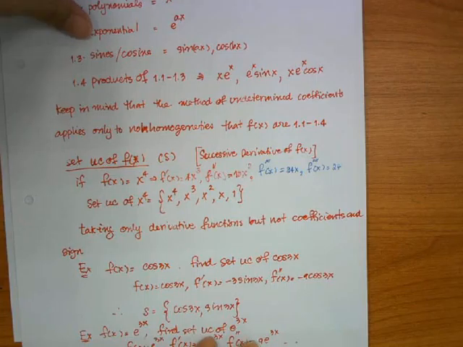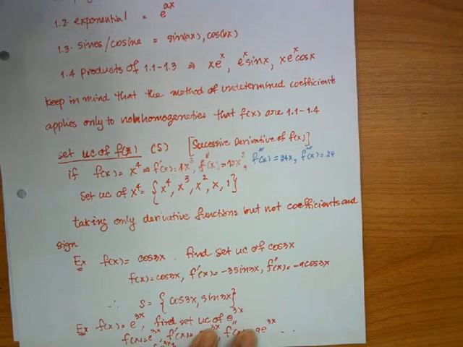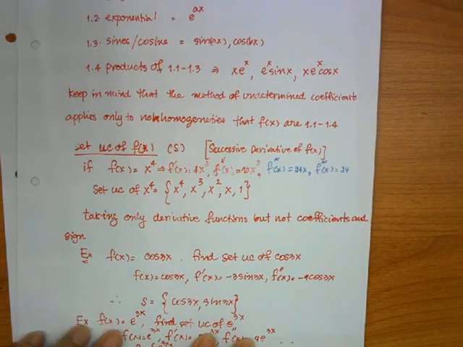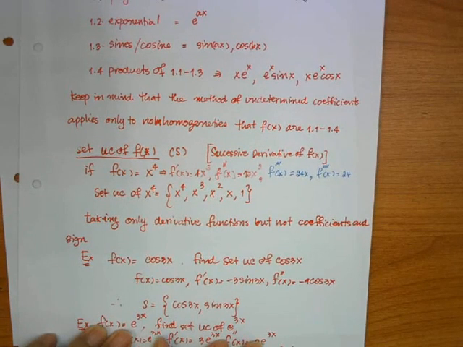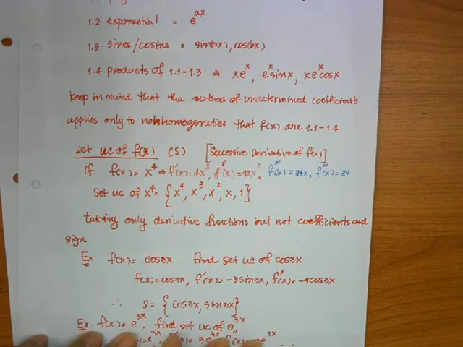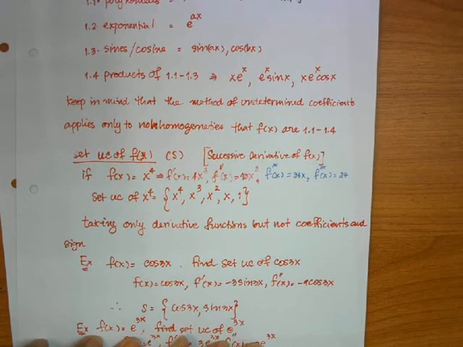Now what if I have f(x) as x times exponential of 3x? The exponential of 3x is also a special type of function in the category 2, right? So if you want to find the UC set of this function, you take the derivative of exponential of 3x.